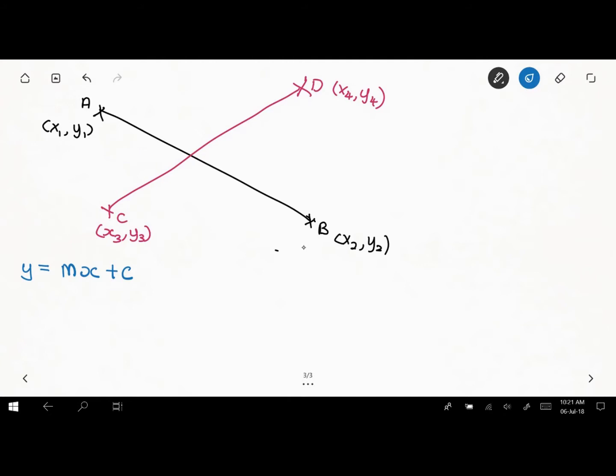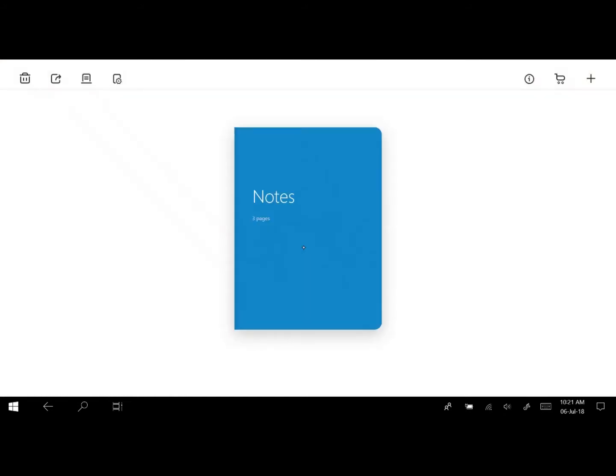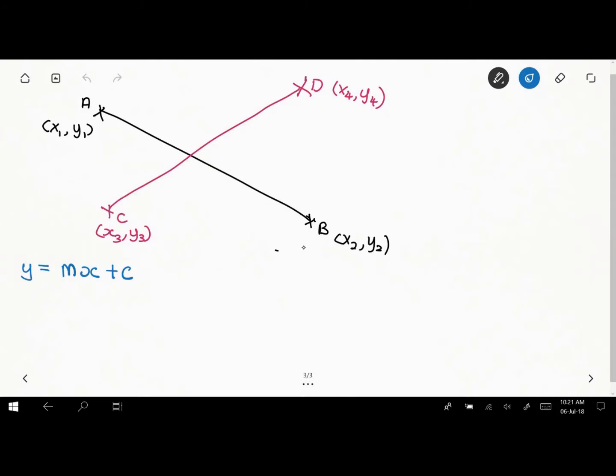A more general equation for a linear graph would be: you take y minus a coordinate, let's say y1, equals the gradient times x minus x1.